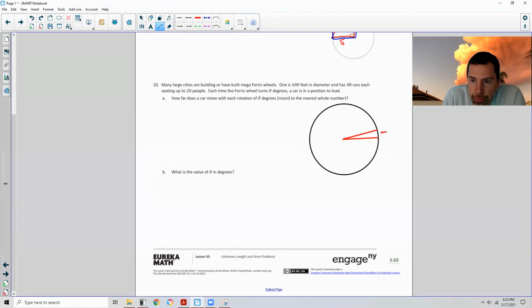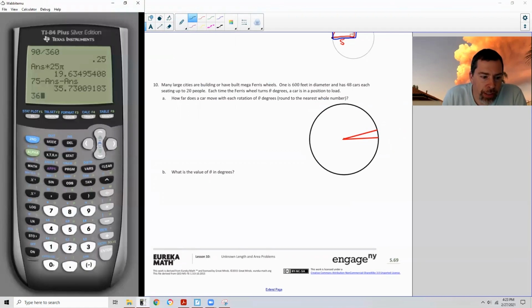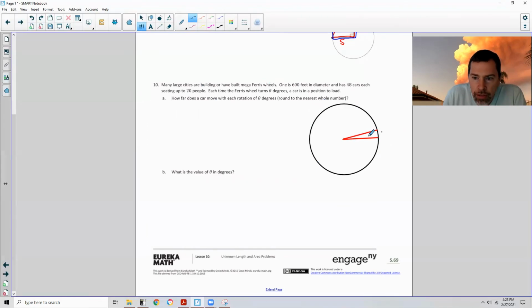So each section in between we assume would be equal. So it would be 360 divided by 48. So 360 divided by 48 will give me how many degrees in between each. So this angle measure here would be 7.5 degrees.